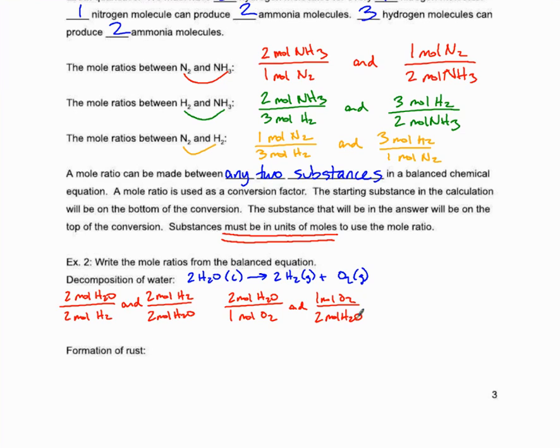And these both relate the reactant with one of the products. You can also relate 2 products to themselves. 2 moles of hydrogen for 1 mole of oxygen, and 1 mole of oxygen produced for every 2 moles of hydrogen produced.